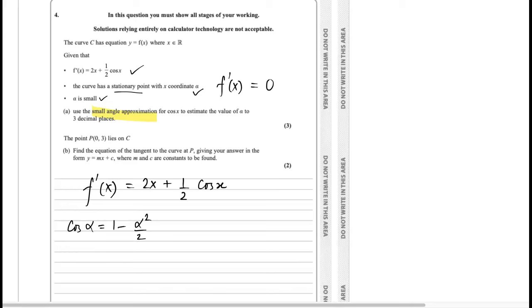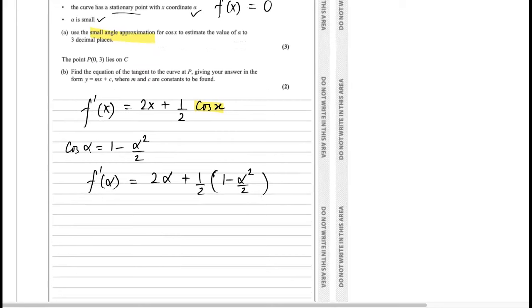So we are going to be substituting it there. So f dash alpha would be 2 alpha plus half, and in place of cos x, because we are applying the small angle approximation, we substitute 1 minus alpha squared over 2. Does that make sense? And this whole is equal to 0.